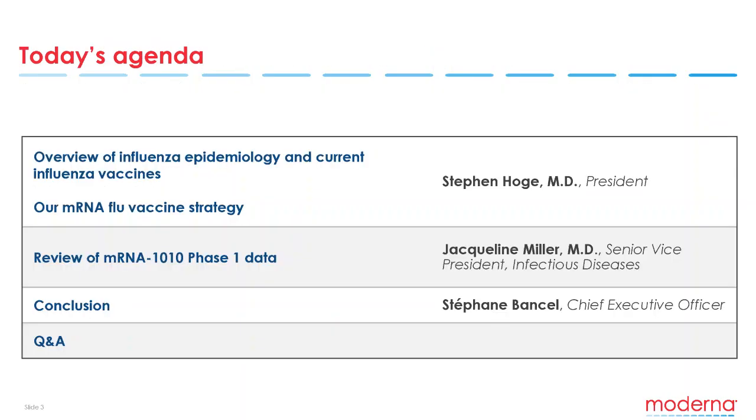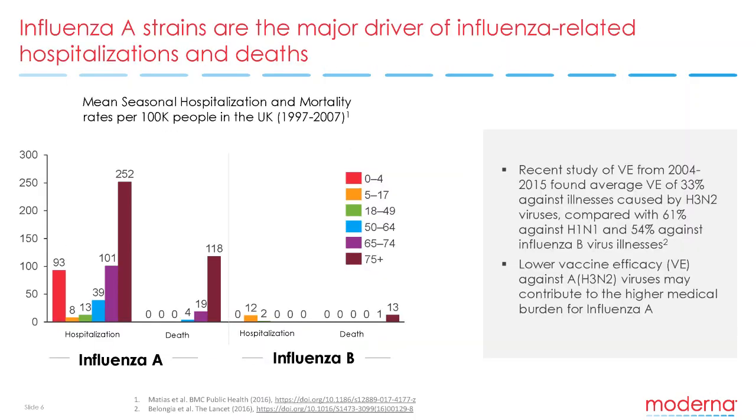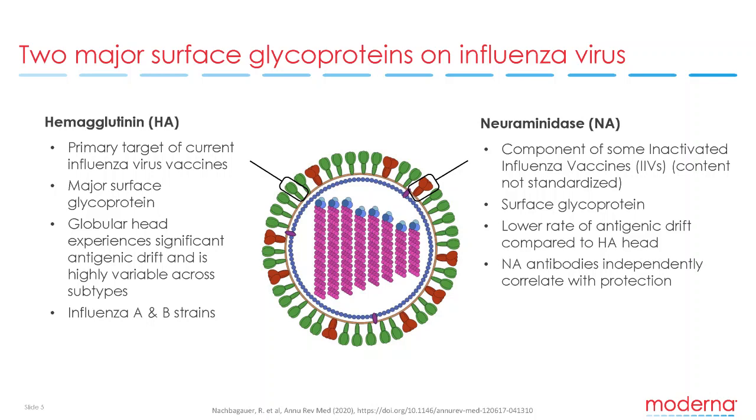So we're skipping slides 1, 2, 3, 4, 5. Well, go back to 4. So this picture breaks down the structure of the influenza virion.